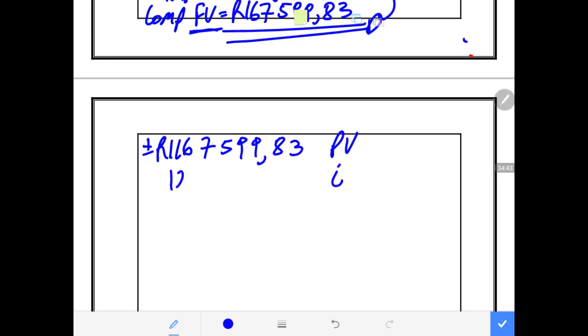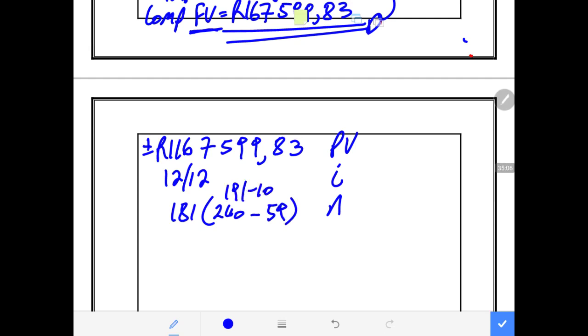The interest is 12 over 12, and again, you can just say 1. And our n is 181, which is 240 minus 59, or else 191 minus 10. That will still give you the same 181 as our n.